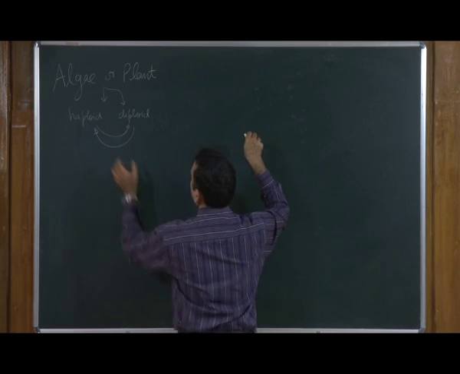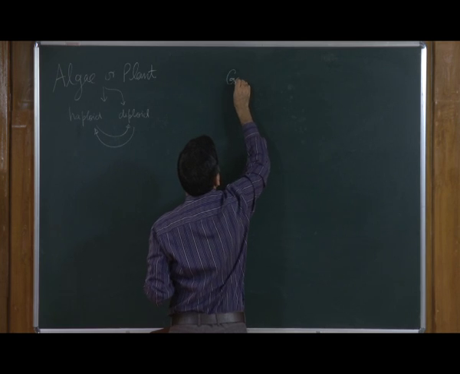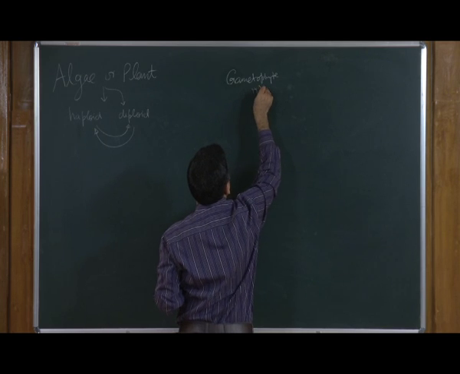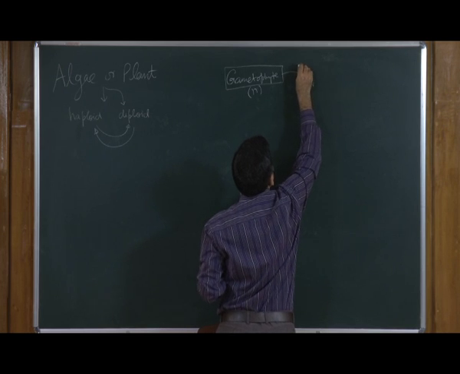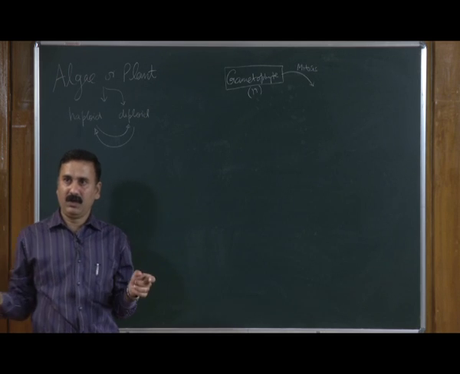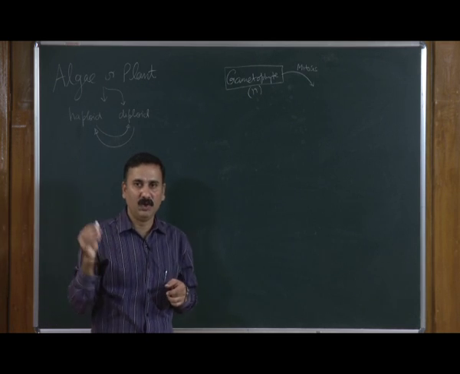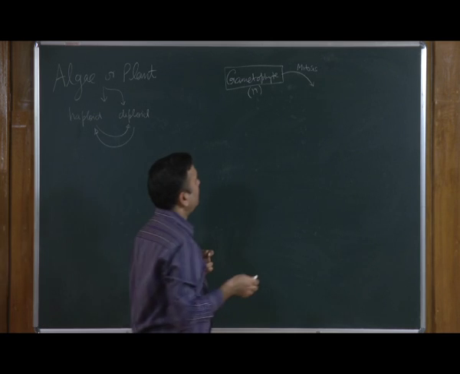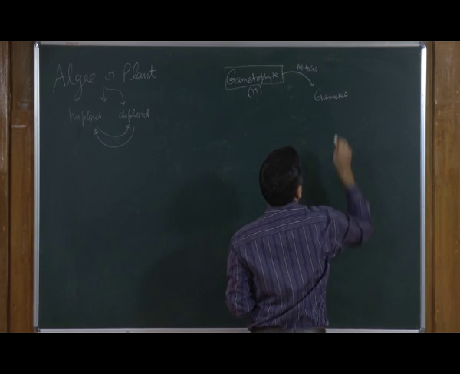So, every algae has a haploid stage, and this haploid stage is known as gametophyte, where the number is n. This gametophyte goes through a process known as mitosis, and I am sure you are going to discuss mitosis as well as the different type of cell division known as meiosis in a separate lecture series. So, we are not going to deal with mitosis and meiosis here, and that will cause the production of gametes.